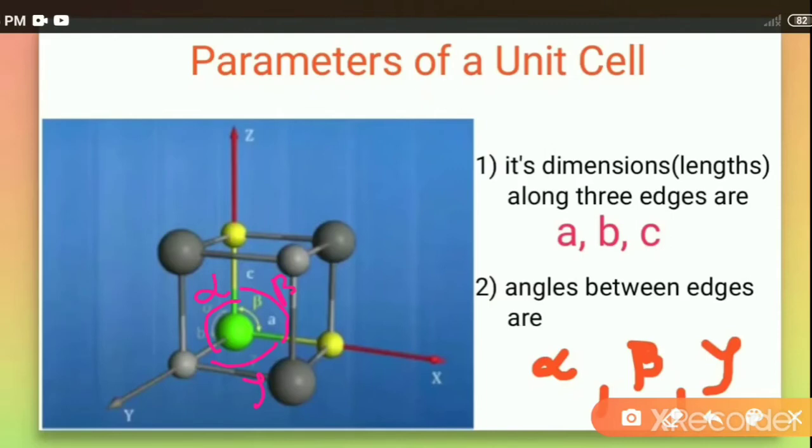So the 3 angles between the edges are alpha, beta and gamma. So the 3 edge lengths, A, B, C, and the 3 angles between the edges, alpha, beta, gamma, are the parameters of the unit cell. We can say a total of 6 parameters are there.